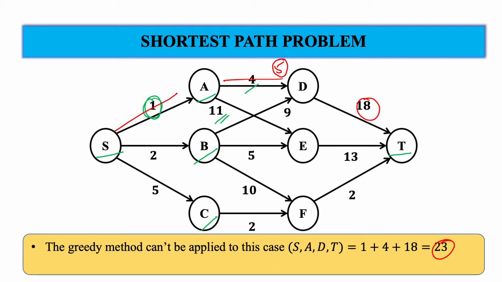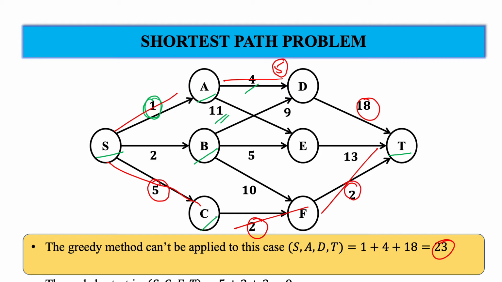But now if you take the shortest path, if you will see this path S to C, C to F, F to T. So S to C is 5 units, C to F is 2 units, F to T is 2 units.